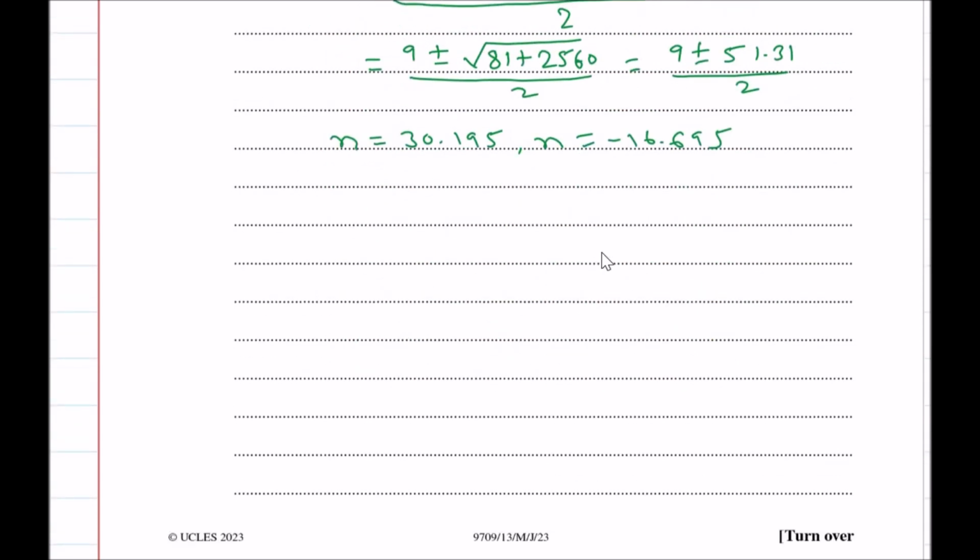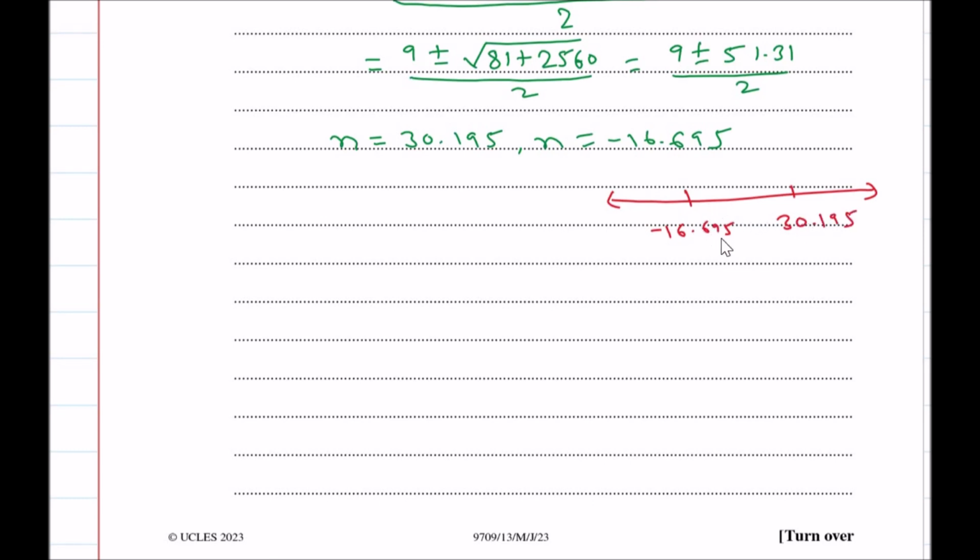Okay, now this is a quadratic inequality. What we need to do now, we need to find the true false region. So we need to draw a number line like we show here, minus 16.695 and this is 30.195.